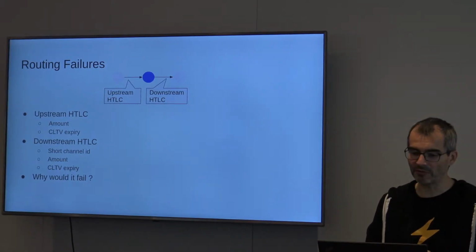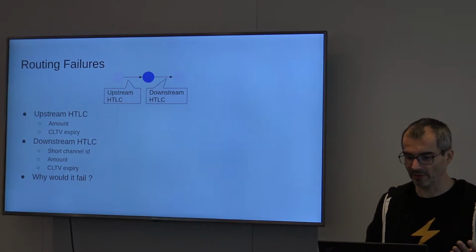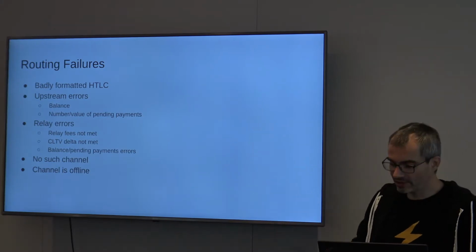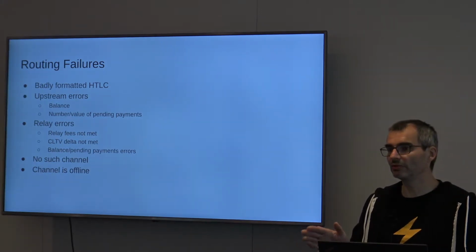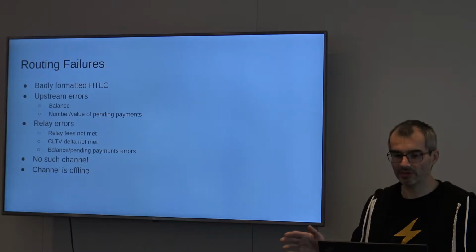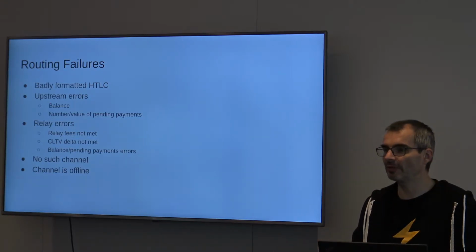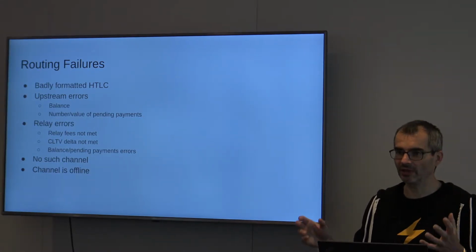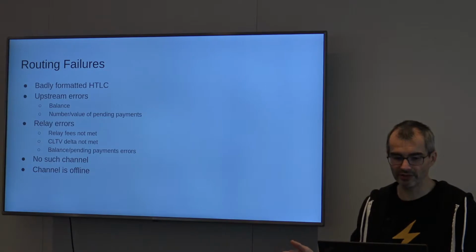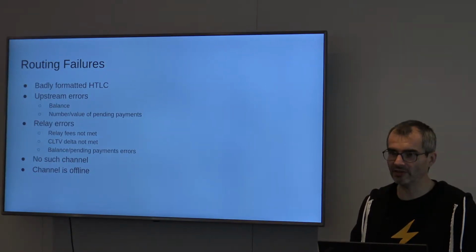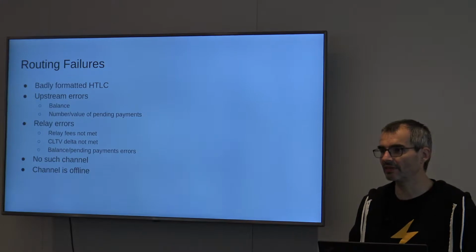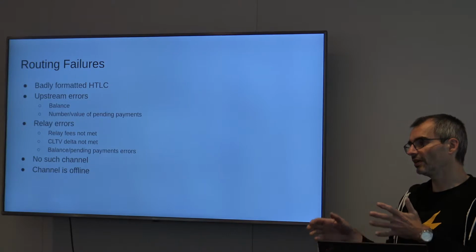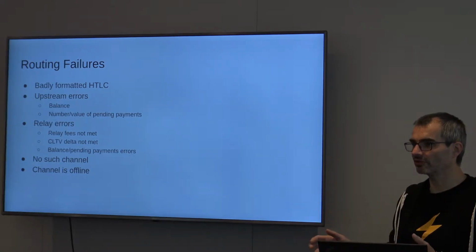It could be because you have problems on the downstream channel, because there are balance issues, not enough money to send on the downstream channel because the amount that is locked in pending payments is too high. So these are causes for failures. But it could also be because relay fees are not met, or because the CLTV delta, the time I want to fix problems downstream, is too short for me.